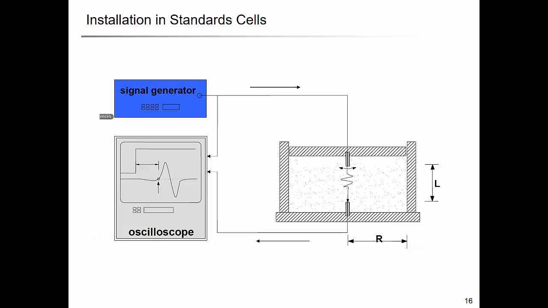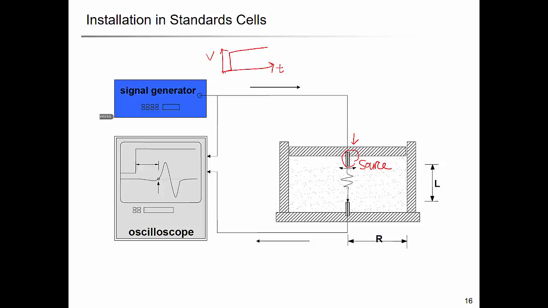In general, you need a signal generator so that you can apply the pulse or the square signal, like this: time and voltage. This will be applied or imposed to the source bender element, right? So that the source will move like this.